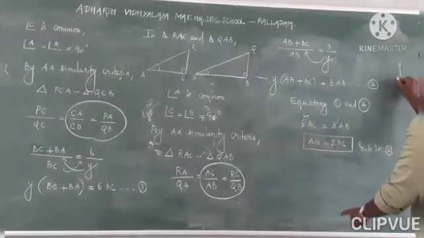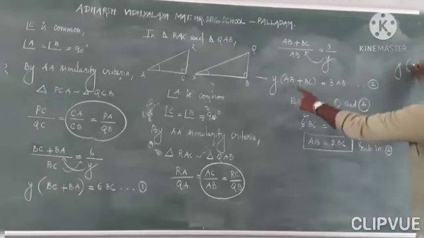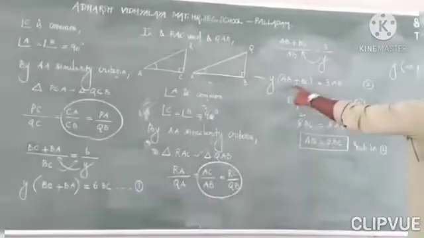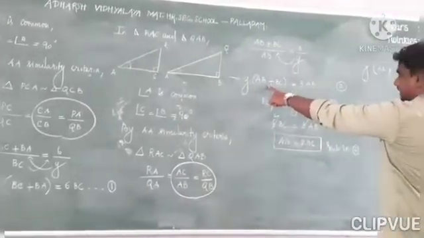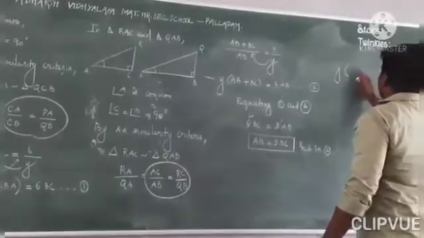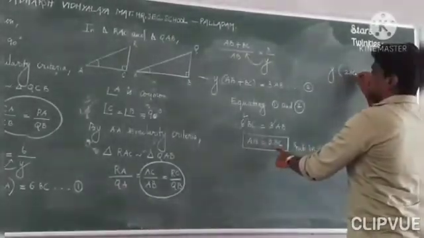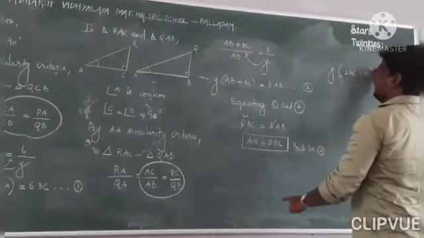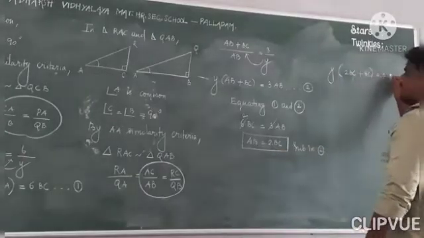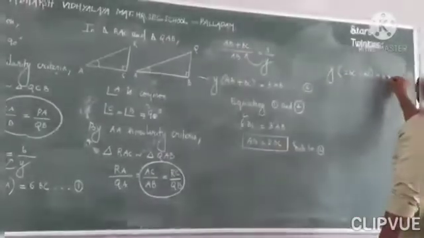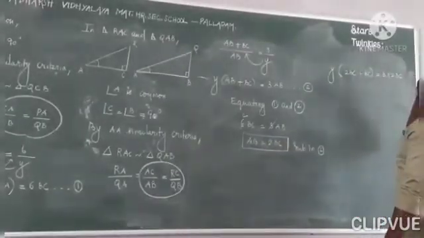So Y times (2 times BC plus BC) is equal to 3 times AB, and AB is 2 times BC, so 3 into 2 times BC.